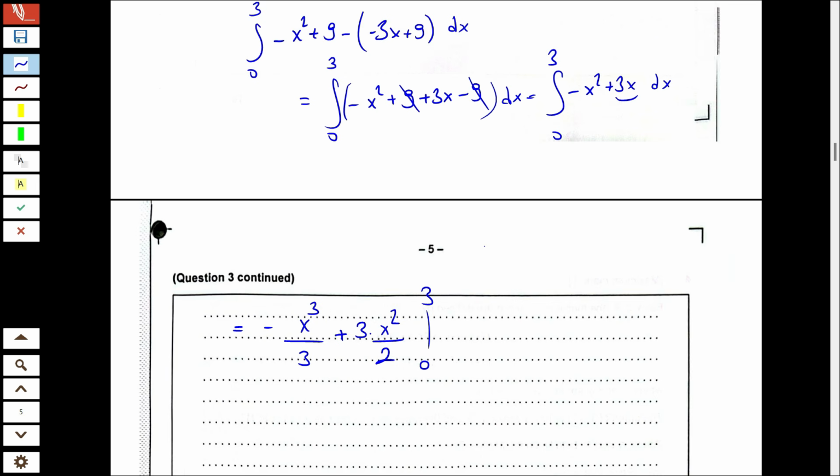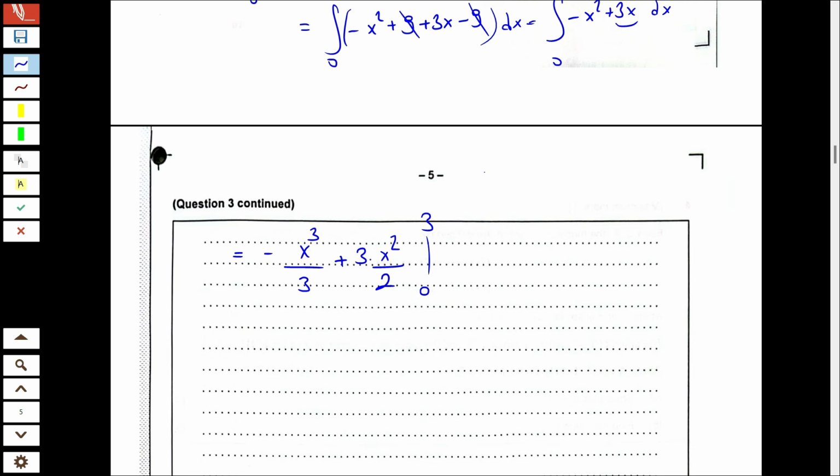We will just plug in 3 first into the expression. It will be minus 3 to the power of 3 divided by 3 plus 3 times 3 squared divided by 2. From here we will get minus 9 plus, let's say, 27 over 2. And it is 27 minus 18 divided by 2, which will give us 9 over 2.